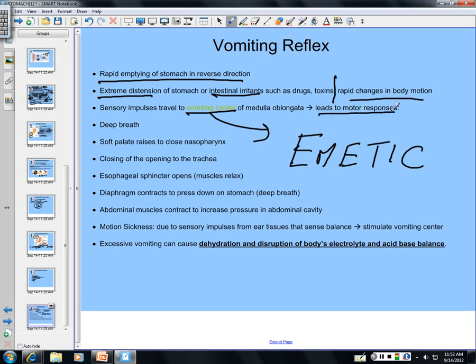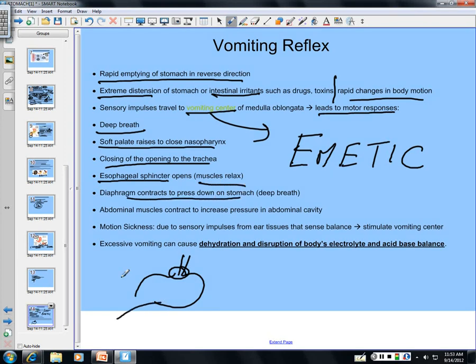And it leads to certain motor responses, like what? You start breathing deeply. The soft palate rises to close the nasopharynx. Very important, you have the closing of the opening of the trachea. The trachea has to be closed. You don't want food going in there. The esophageal sphincter of the stomach, this sphincter, will open.